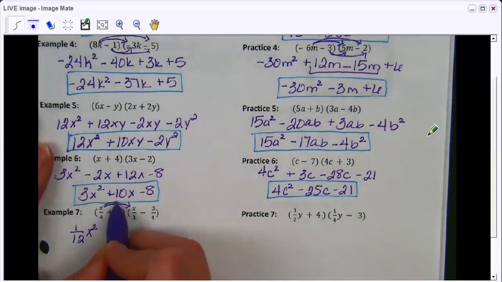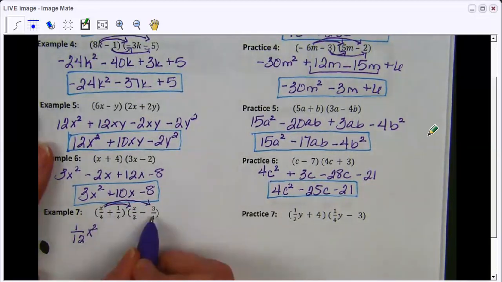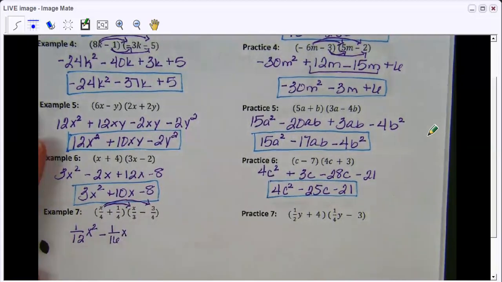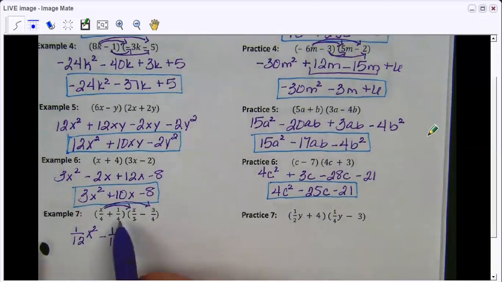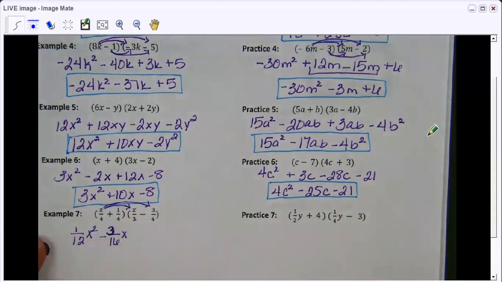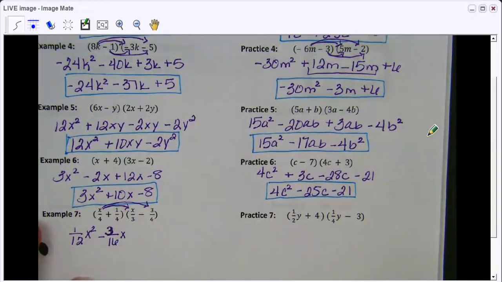The next one is x over 4 times 3, negative 3 over 4. So basically it's 1/4 times 3/4. Oh, I'm sorry, no, this is 1/4 times 3/4. It's 3/16, guys.